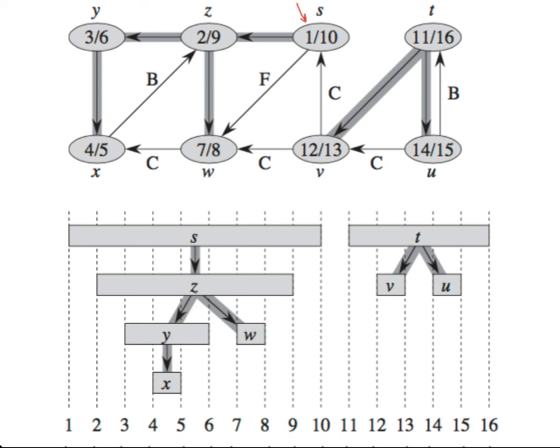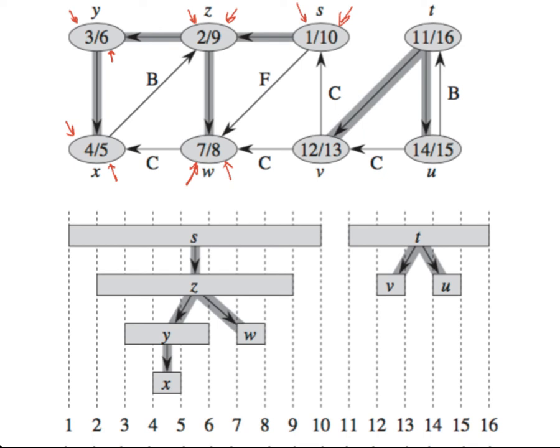What did we process next? Z. And next, Y. And next, X. X then returned, and we came out of the recursion to 6. Then we came and processed W, 7, and it finished, and finished. And then we visited the other tree.